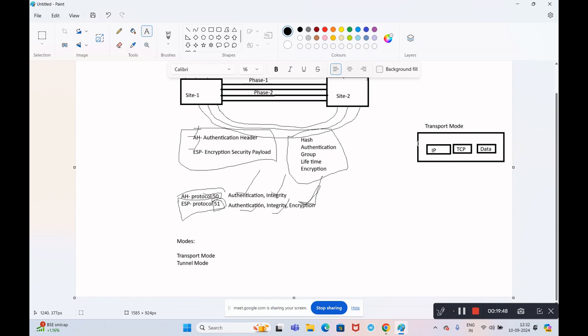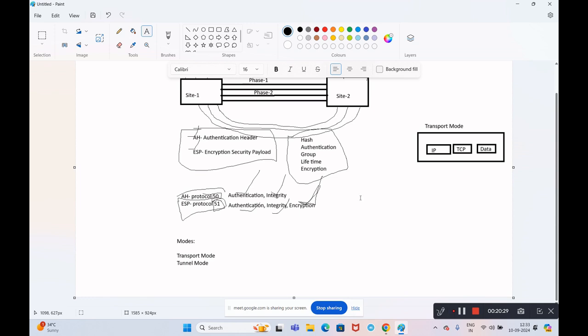But in the tunnel mode, along with the original IP header, it will add another new IP header to protect it, because the IP header carries private addresses. Whenever the private IP addresses are sent to site 2, they have to pass through the internet, right? So if the private addresses are not secured, someone will learn those private addresses and try to hack them, right?